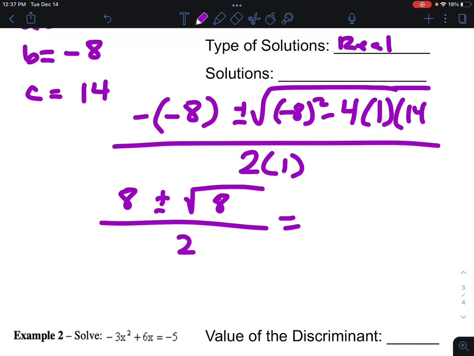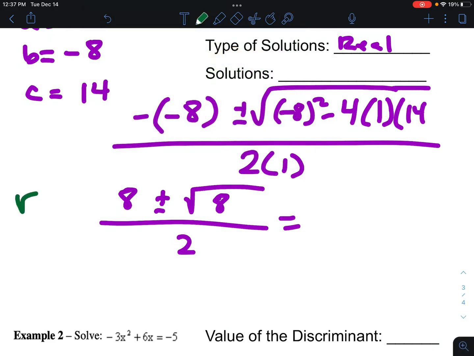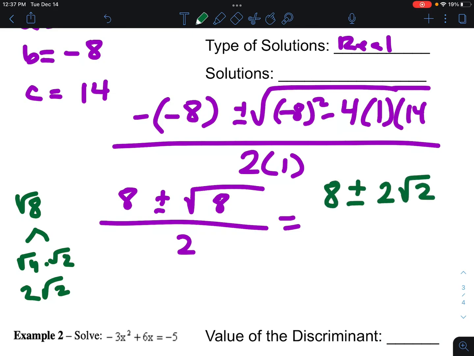And then we want to try to simplify this down. So you've got 2 things. One, you have to try to break down the radical, square root of 8. It can simplify into the square root of 4 times the square root of 2, so that's 2 radical 2. So then we have 8 plus or minus 2 radical 2 all over 2.